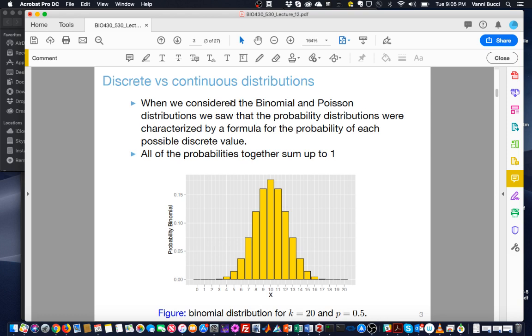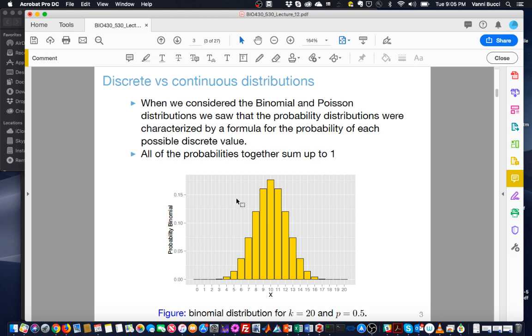All the distributions that we have dealt with so far in the course are discrete probability distributions, right? Both binomial and Poisson allow you to solve for the probability of a certain number of events.